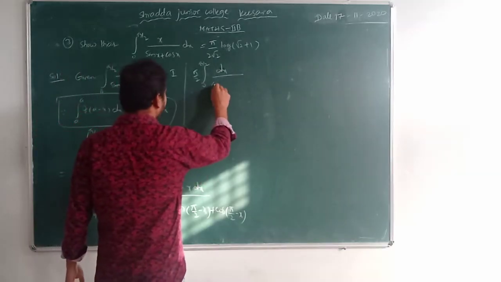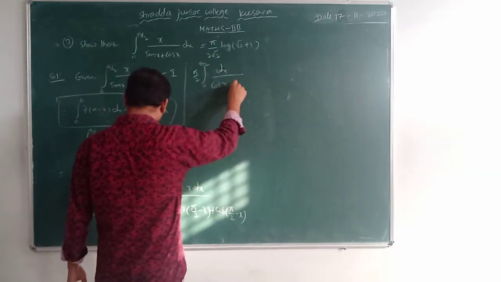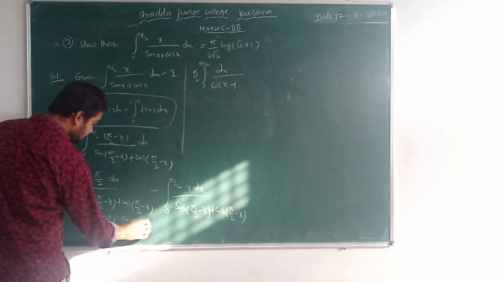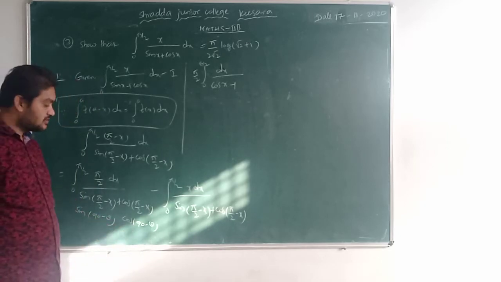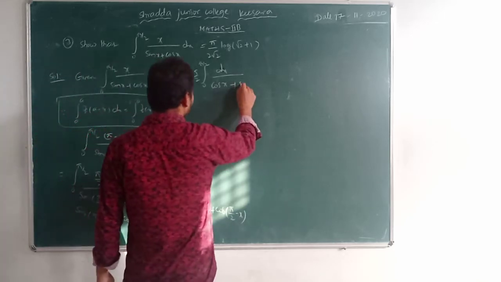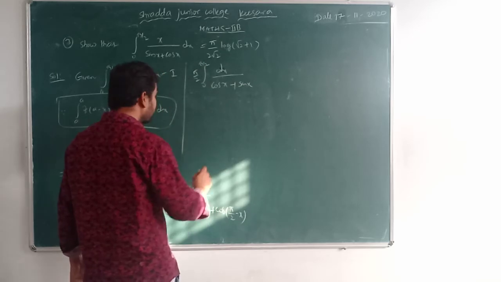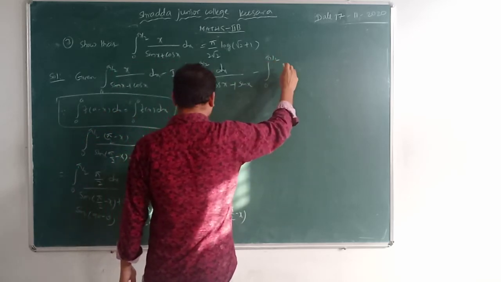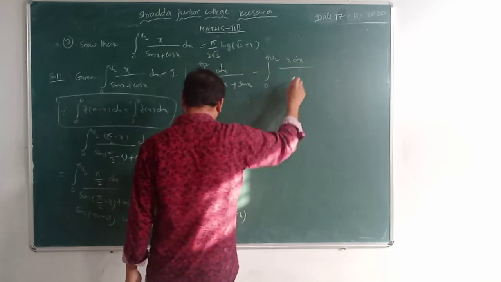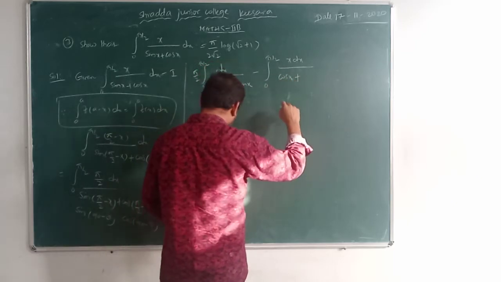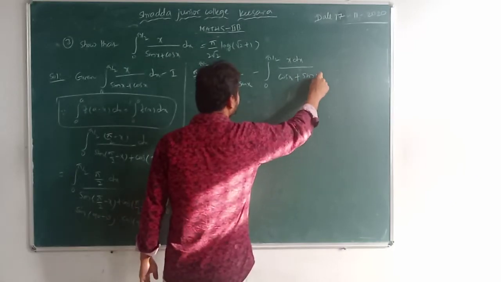So sin of (90 minus theta) is nothing but cos x. And this is in which form? Cos of (90 minus theta). This also lies in which quadrant? First quadrant, all positive. And cos of (90 minus theta) is what? Sin x. Minus integration 0 to pi by 2 of x dx by cos x plus sin x.